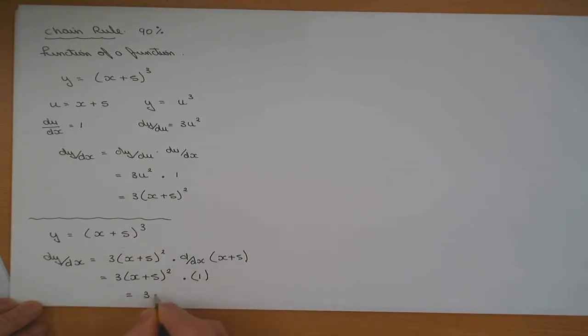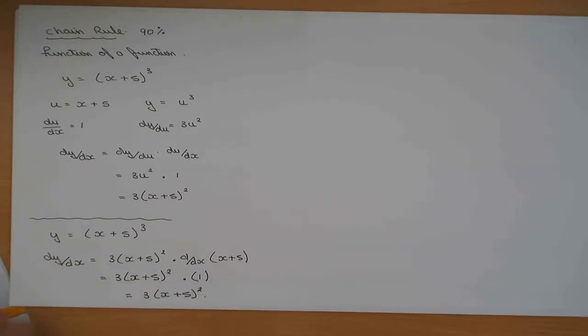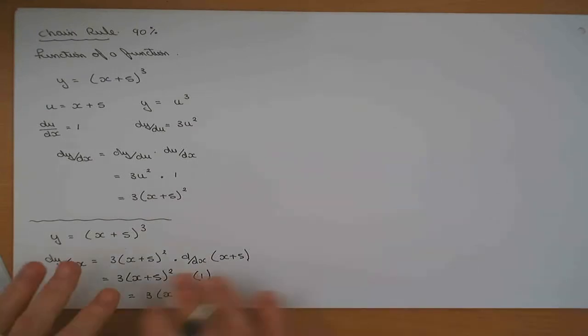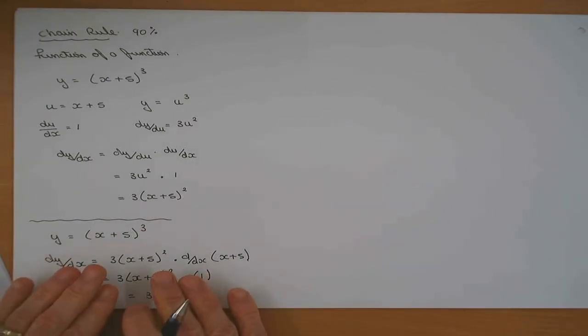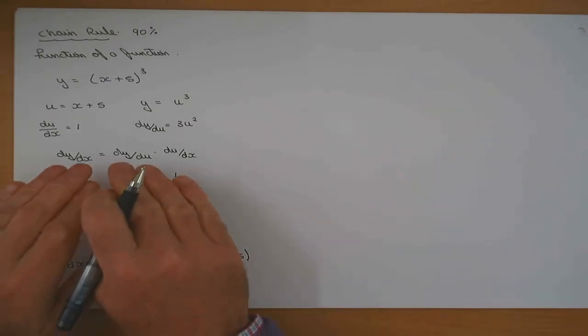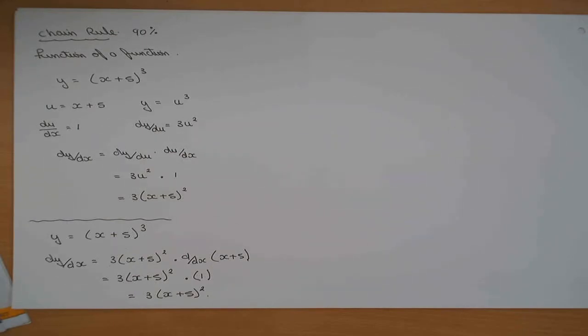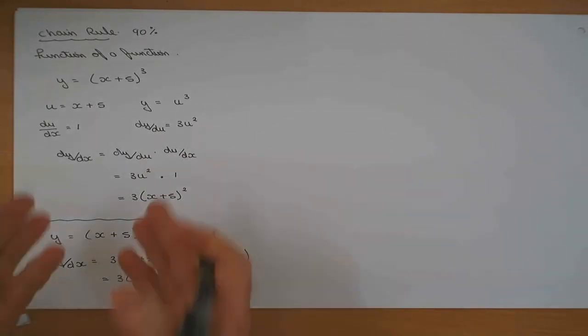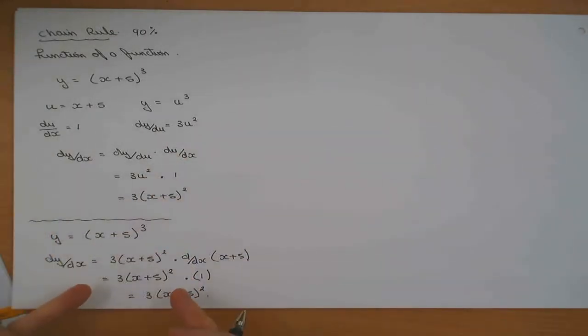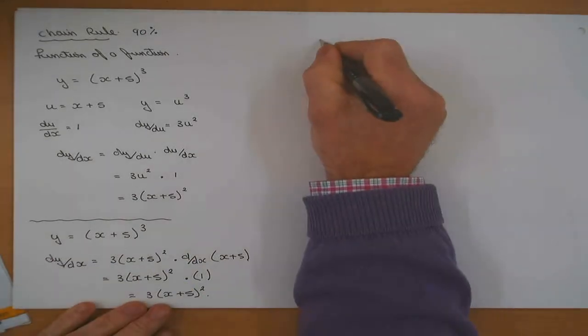It's 3 times x plus 5 squared. Now, this is fine. It is grand, you can differentiate with it, but you never have something concrete to go back to. And what I find with students is, I teach them this rule, and they cop on to this themselves. That's generally the way it is.